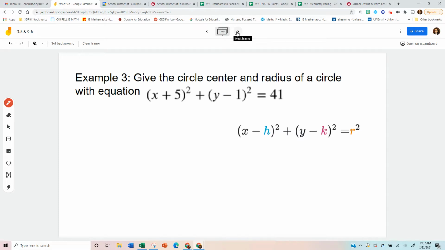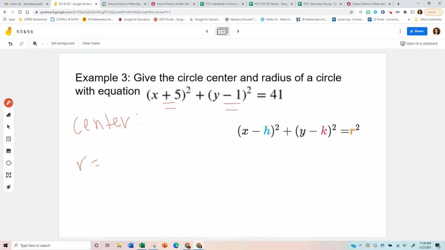So give the circle center and the radius with the following equation. Our final answer needs to say the center, and then whatever is the center, and we need to say radius is equal to. That's essentially what we're finding. So remember that your center deals with these two numbers right here.